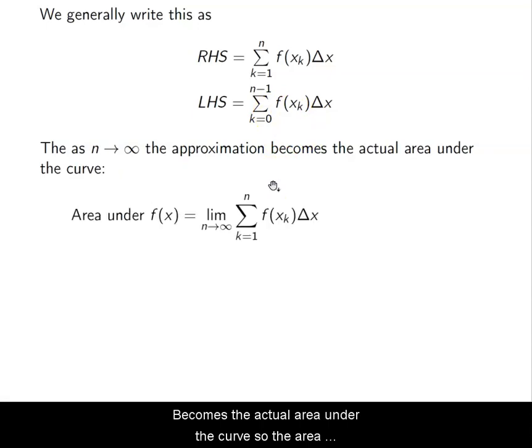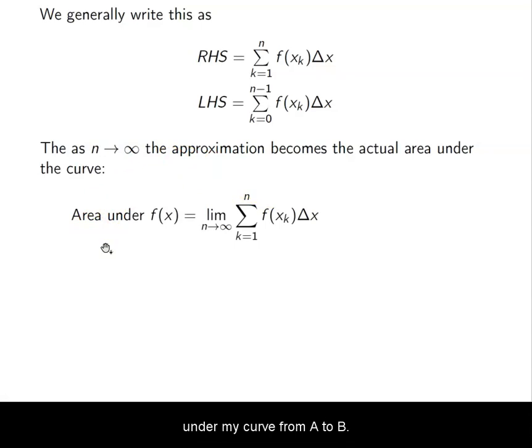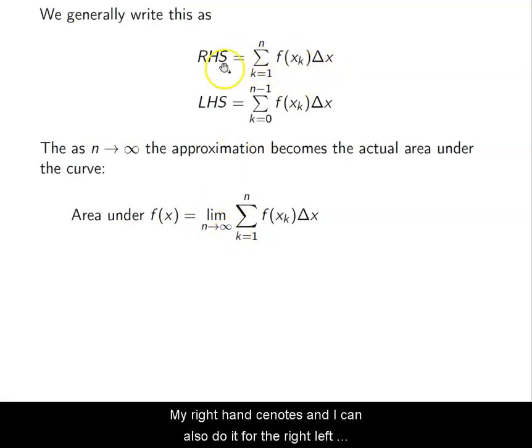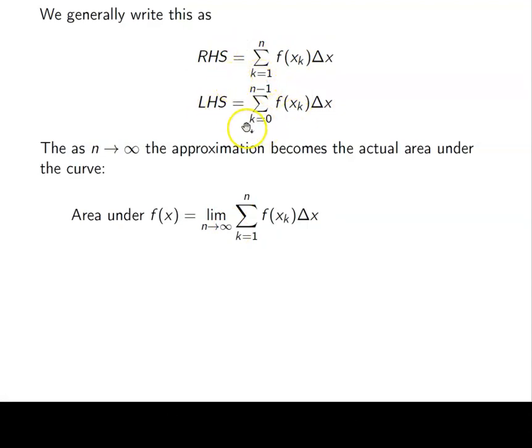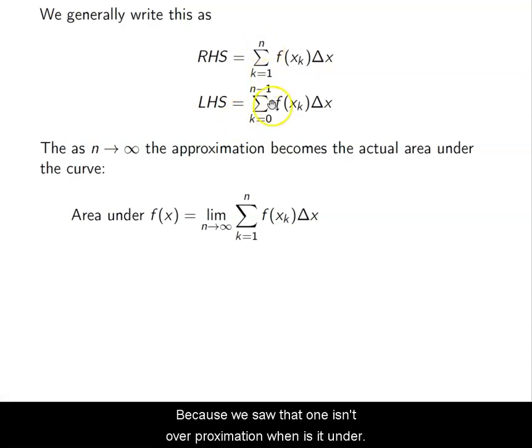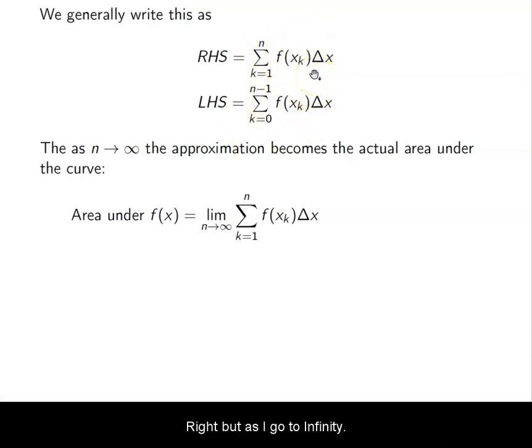As n goes to infinity, as we said before, our approximation becomes the actual area under the curve. So the area under my curve from a to b is given by the limit as n goes to infinity of my right-hand sum notation. I can also do it for the left-hand sum notation. It doesn't really matter which one I use, because we saw that one is an over approximation and one is an under approximation, but as I go to infinity, they both go to the same thing.